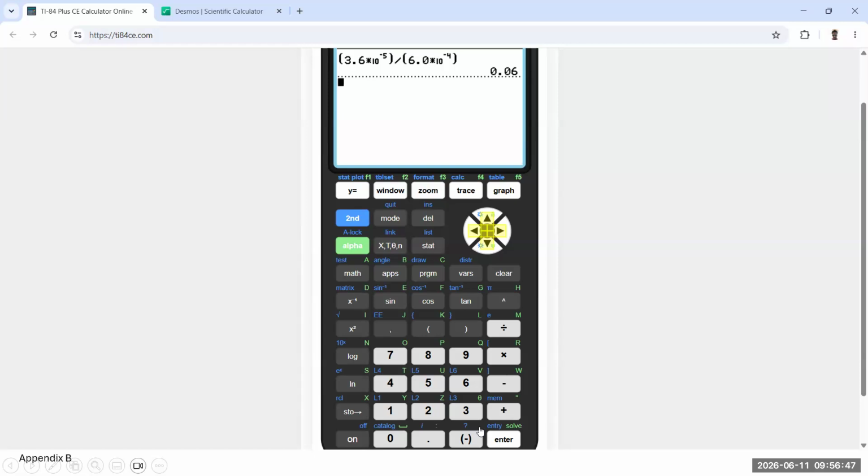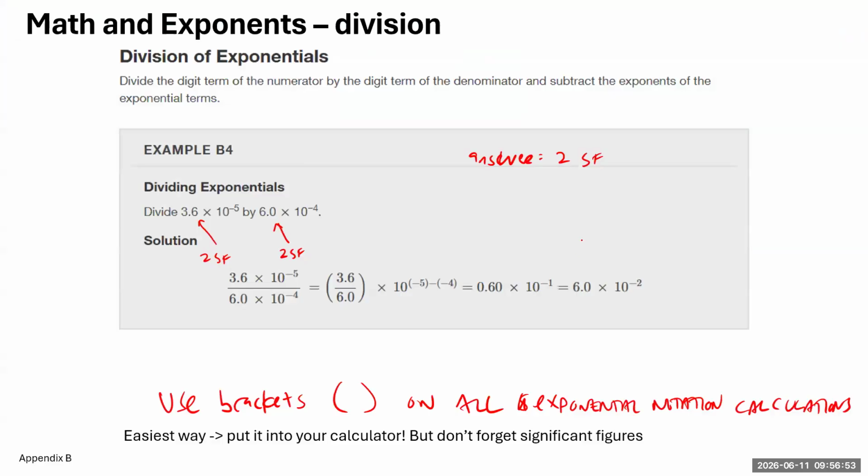So I got 0.06, and we'll write that a different way, but let's take a look here. 0.06, right? But we need two sig figs, so we're going to add another.